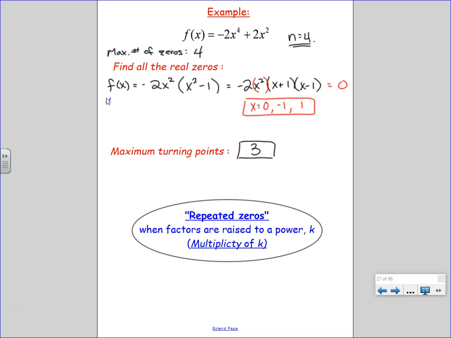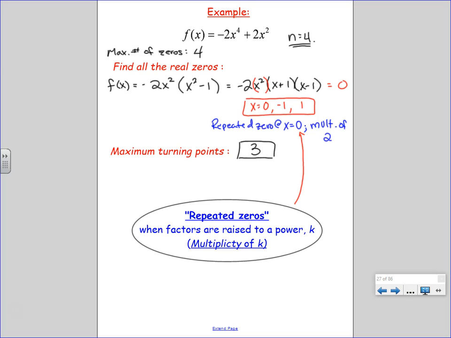When factors are raised to a power, we call it multiplicity. For this problem, based on this note, we could actually come back up here and say the following. We have a repeated 0 at x equals 0. And we could say that 0 has a multiplicity of 2. Why is it repeated? Because you have x squared equal to 0.